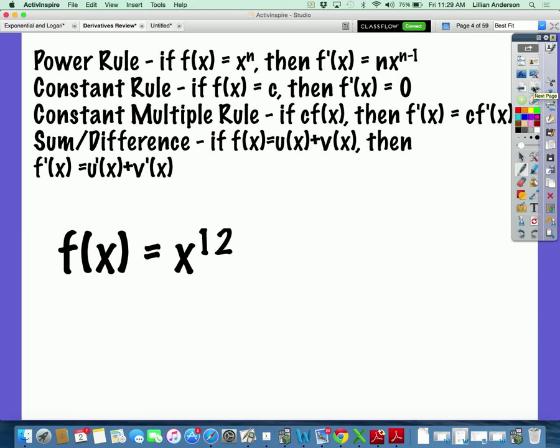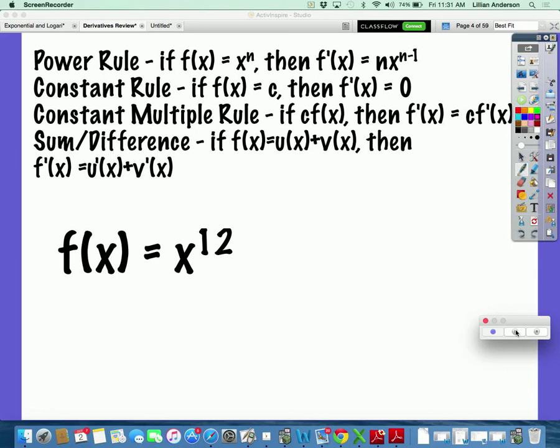AJ, I'll probably say write down everything. So you got, these are all your rules. You have your power rule, which is the one you can always use. Constant rule, which basically says that if you take the derivative of a constant, like 2, 3, -4, whatever, it's always 0. Okay? Derivative of constant is always 0.